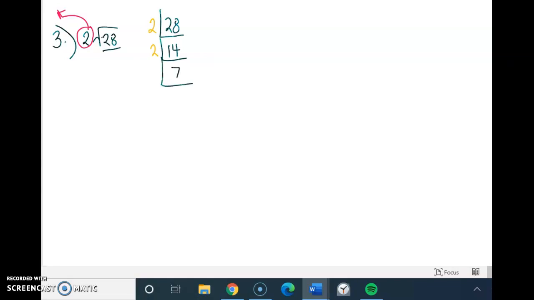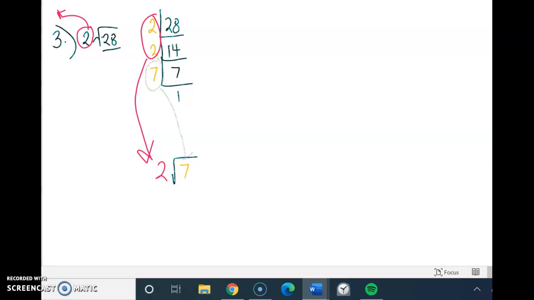Now the smallest number that goes into 7 would be 7. 7 divided by 7 is 1, so I'm done. Circle my pairs. All right, so I'm bringing that down to just become 1, 2. Okay, then I want to draw my radical, and then my 7 that's by its lonesome is going to go inside.